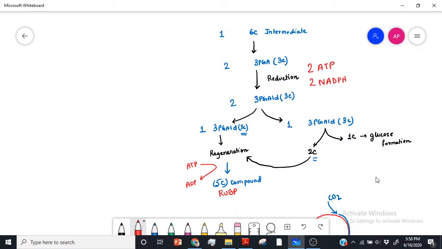So where do we have these utilizations occurring? One over here and one over here. So now if we sum this up, for one cycle we require 3 ATP molecules and 2 NADPH molecules.